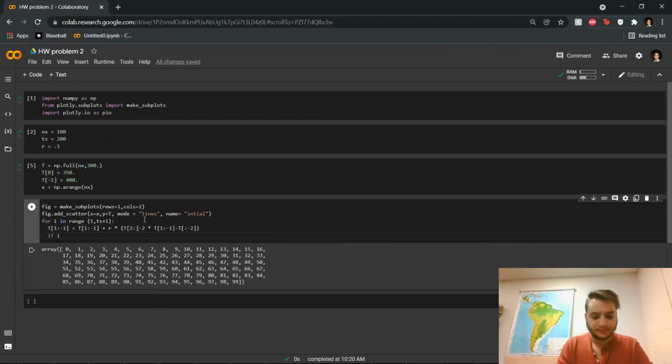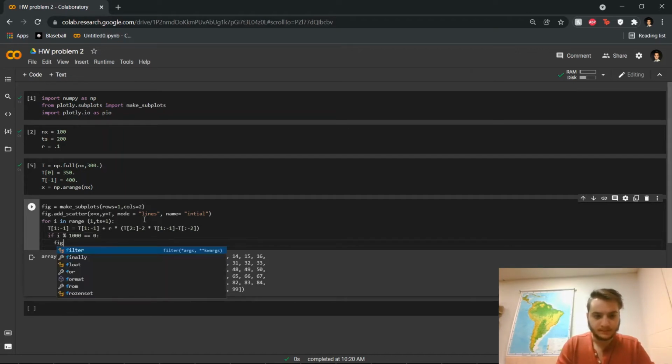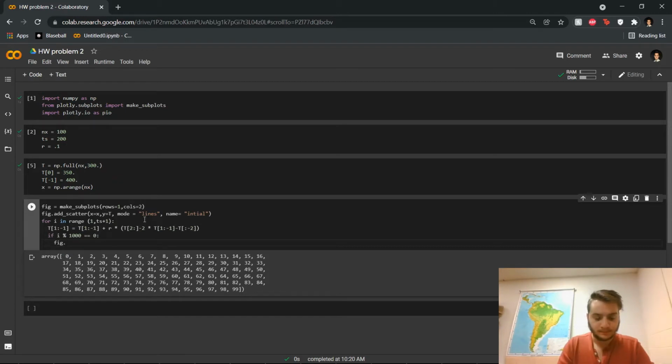If i percent 1000, y is equal to t, mode is equal to lines, name is equal to f i.